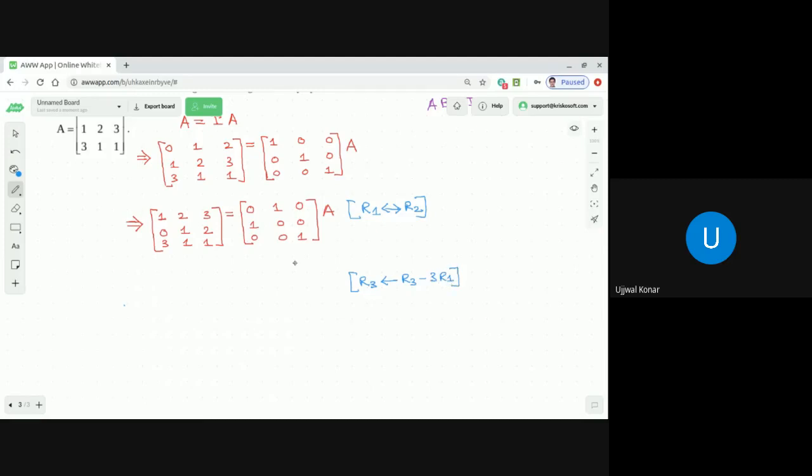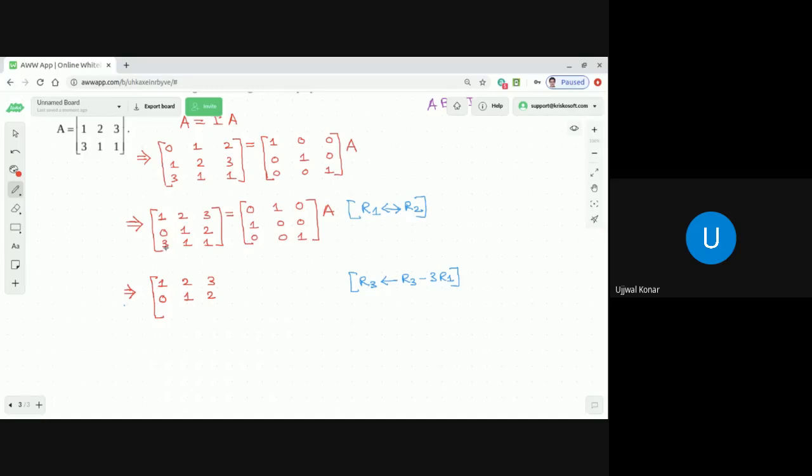And as a result of this elementary operation, what are we going to get on the left-hand side, dear students? R1 and R2 remain the same, so we can just write 1, 2, 3, 0, 1, 2. Only R3 will be R3 minus 3R1.